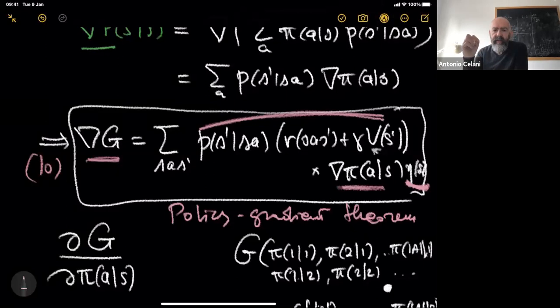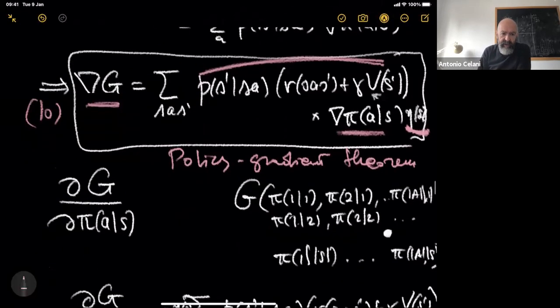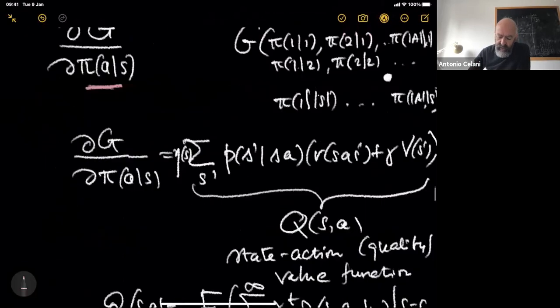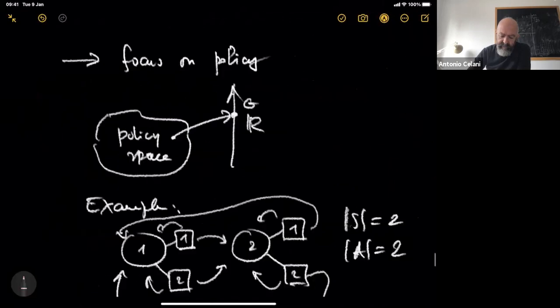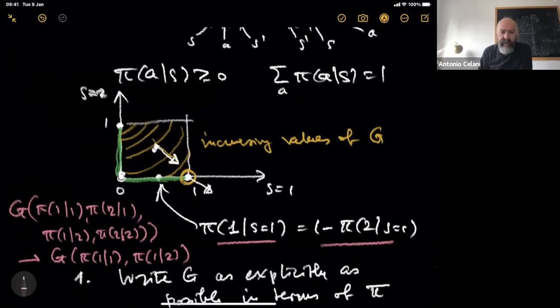Now we do the final step, that is, we take the gradients explicitly. So we consider the policy as coordinates. Getting down to our example here, now we are really going to do derivatives with respect to the horizontal coordinate and the vertical coordinate. In practice, we're going to take derivatives also with respect to the other coordinates which are dependent on them, just for the sake of notation, though it is not necessary.